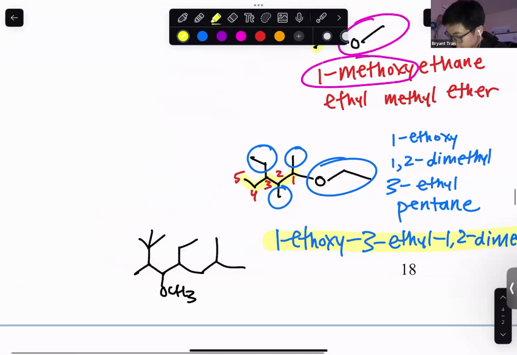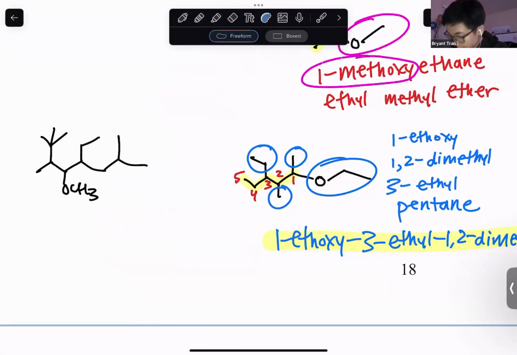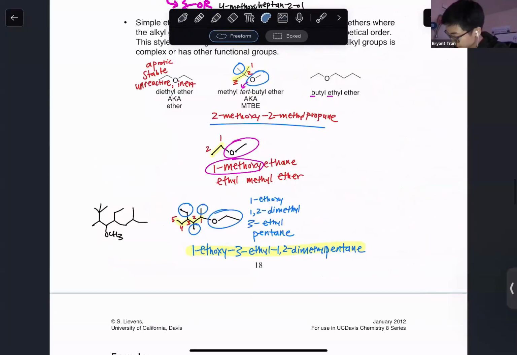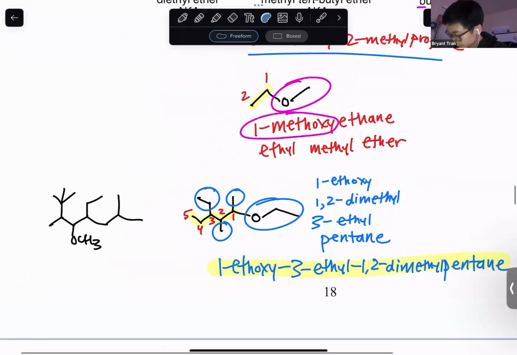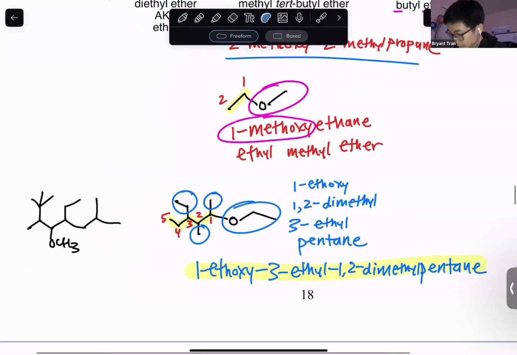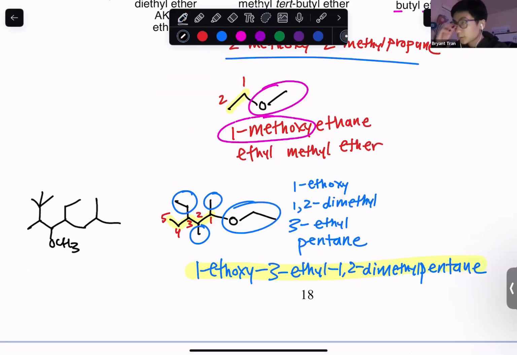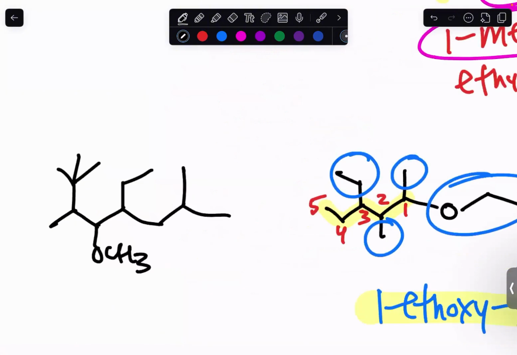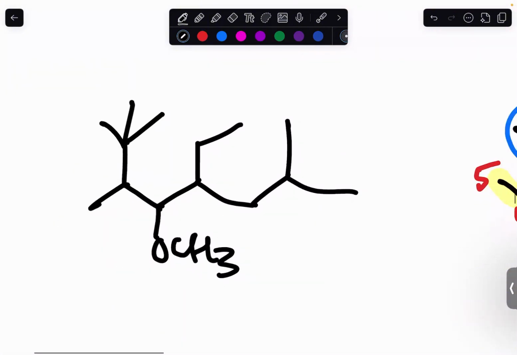Okay, let's try this one here. Oh, that one. Yeah. So our longest chain is 1, 2, 3, 4, 5, 6, 7.